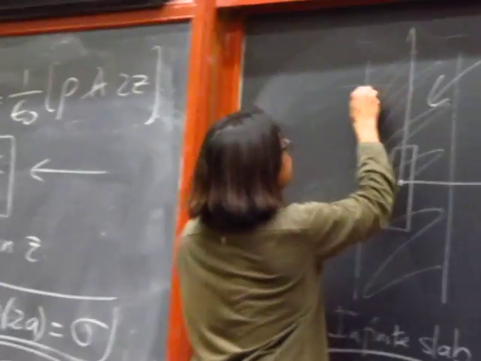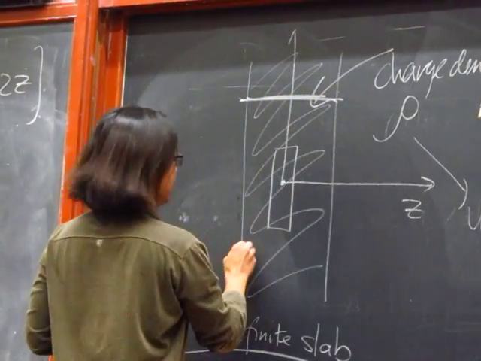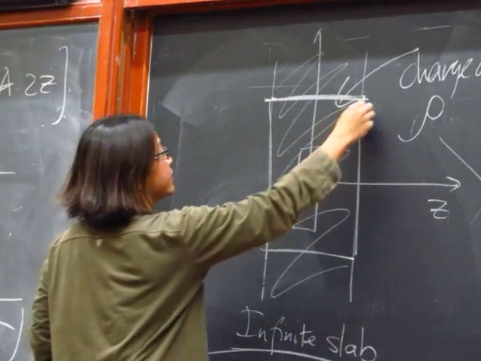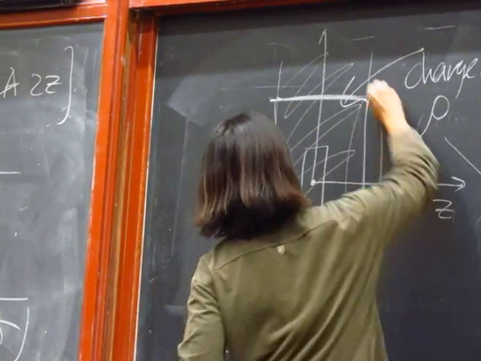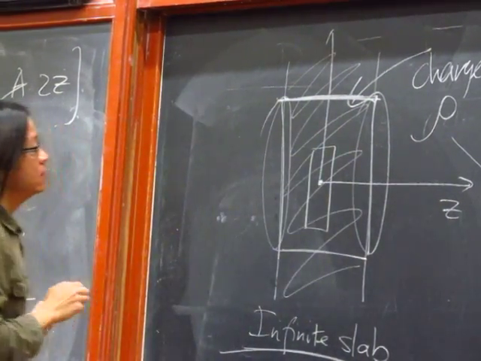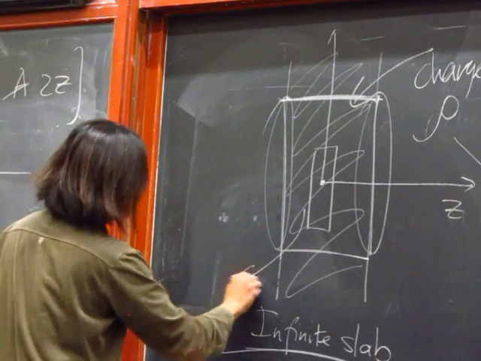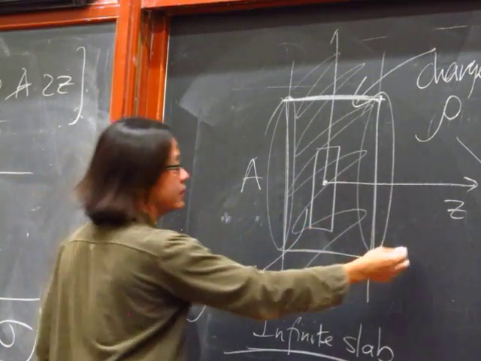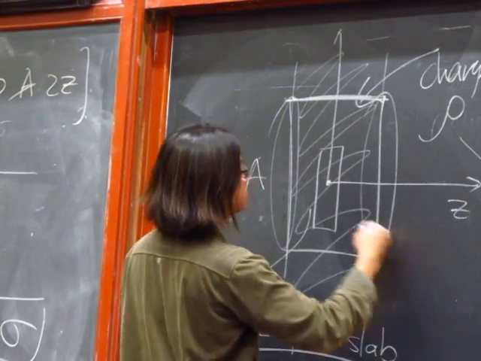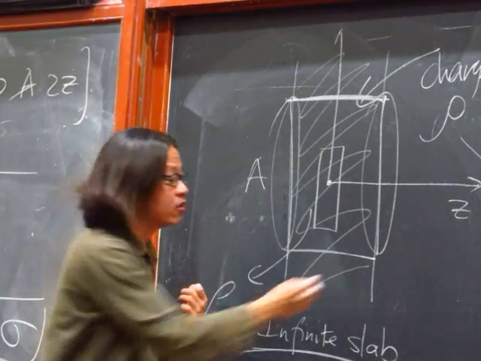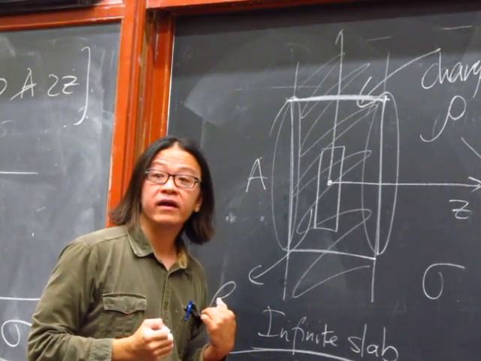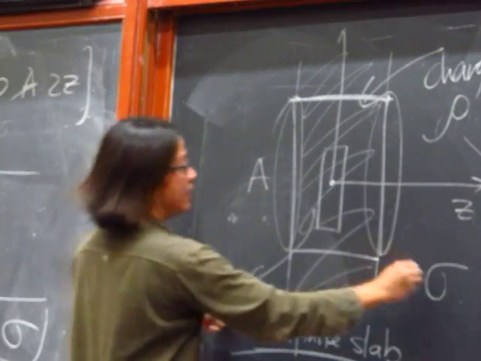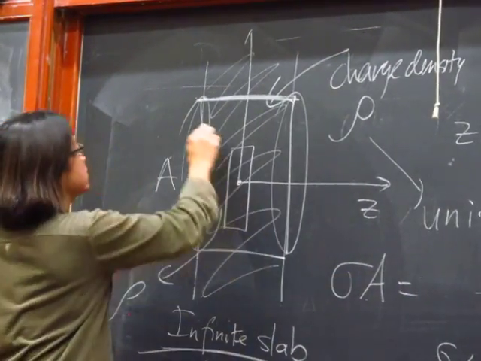So if I just consider a block like that, right? Suppose I make a big Gaussian pillbox here. This has a density rho and has an area A, and I want to look at the amount of charge per unit area, and I call that sigma. Then sigma times A is just the total charge inside.